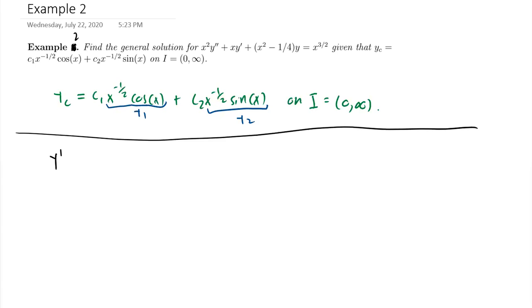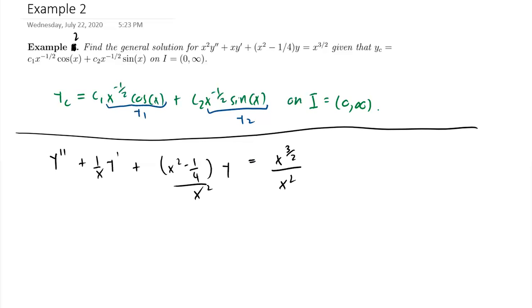The differential equation becomes y double prime plus x divided by x squared, which is 1 over x, y prime, plus x squared minus 1/4 divided by x squared, y, equals, x to the 3/2 over x squared, which we can simplify, and I will simplify that later. But for now, that's the first thing.